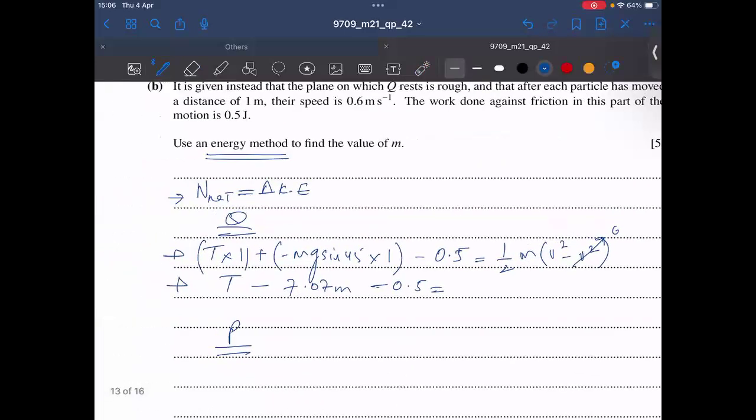And the speed is 0.6, so half times m into v square, which is 0.6 square. So this is going to be how much?